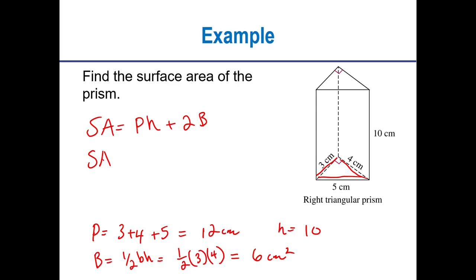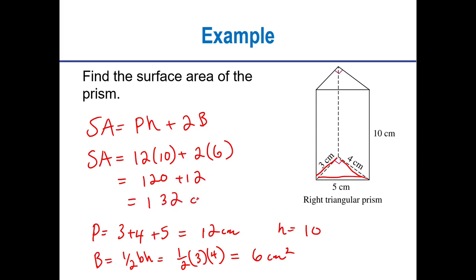So the surface area of our prism is going to be 12 times 10 plus 2 times 6. And this gives us 120 plus 12, or 132 centimeters squared. So the surface area of this figure is 132 centimeters squared.